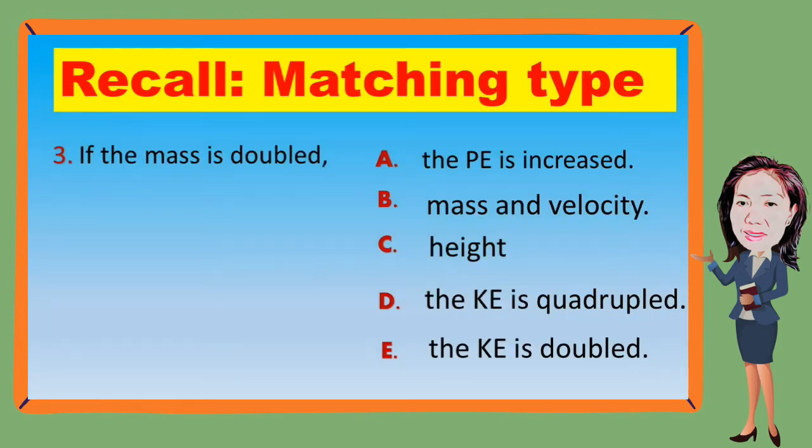This one, matching type. So we have column A and column B. So for number 3, if the mass is doubled, what do you think is the next phrase or statement? If the mass is doubled, what do you think is the next answer for that?